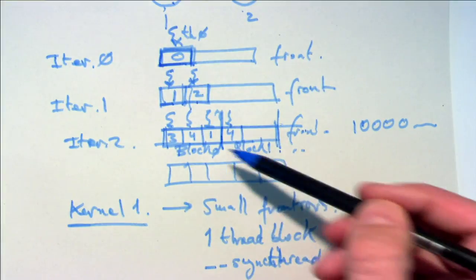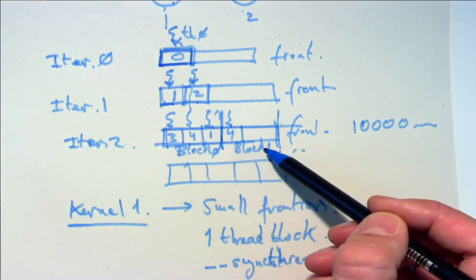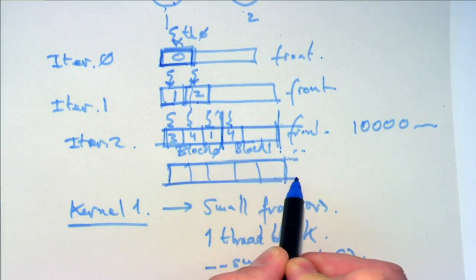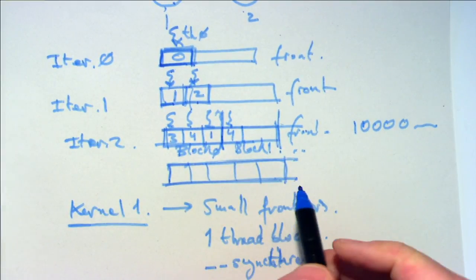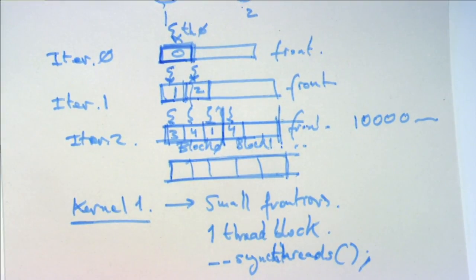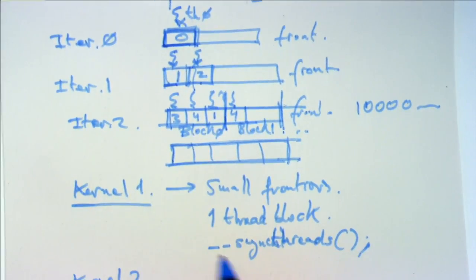In the end, each of these thread blocks will generate the next frontier, the output queue, but before processing this output queue as the input frontier for the next iteration, we will have to terminate the kernel and launch one new kernel. That's what we call in the slides kernel 2.